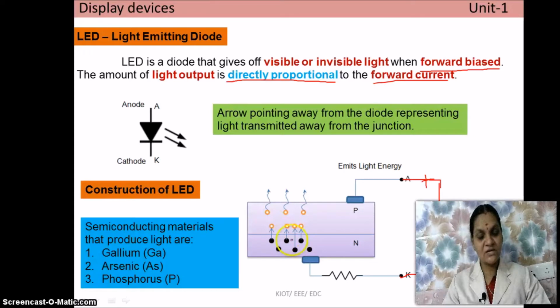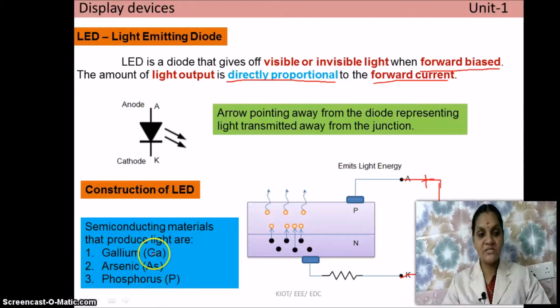If the photons emitted across the junction have a single wavelength, it emits only a single color. If they have multiple wavelengths, it emits different colors. That wavelength depends on the combination of semiconductor materials used for forming the p-type and n-type layers. These semiconductors can be of different types: one is gallium, another is arsenic, and the third is phosphorus.